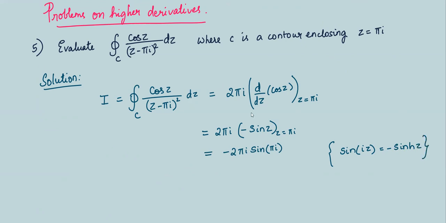So this will become minus 2 pi sine hyperbolic pi.